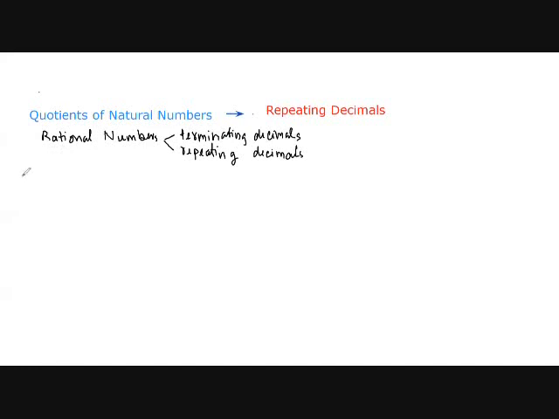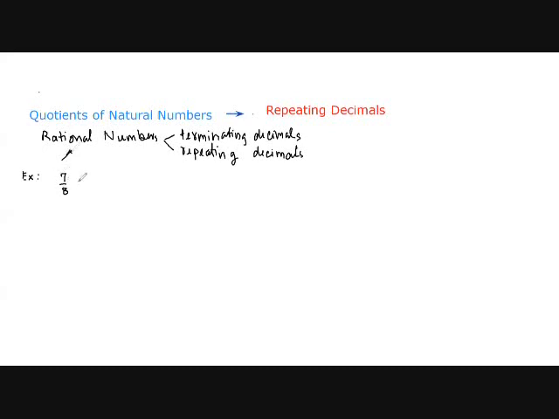For example, the first one I give you is 7/8. I want you to convert this fraction. This fraction is a rational number, correct? Because 7 is an integer and 8 is an integer, we can form it as a fraction, so we call it a rational number.